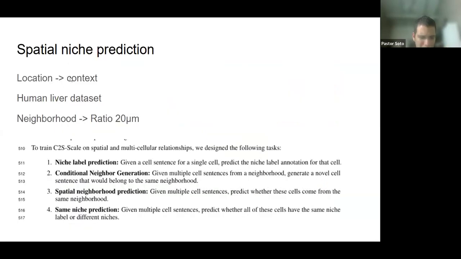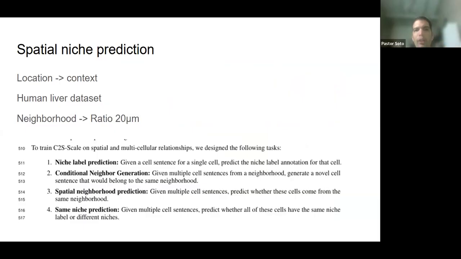And this one I found the most interesting, because this is spatial niche prediction, and what they try to do is use location and context, or from the context get the location of the cell.